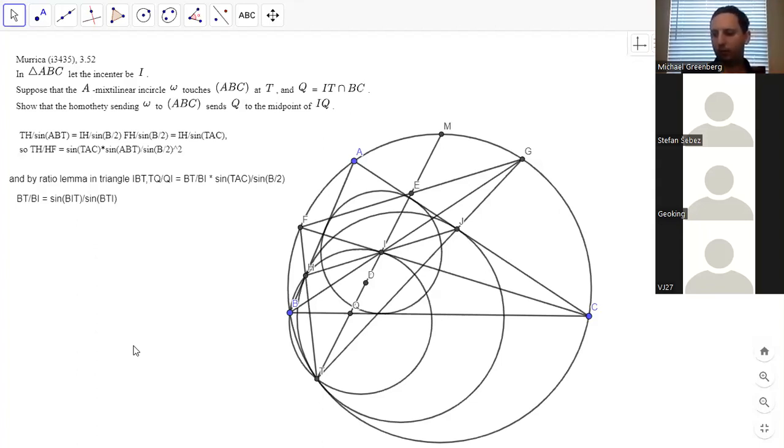All right, we are almost out of time. Oh, so it suffices to show, actually I can go 5 minutes more just because we started a little bit later. So it suffices to show that 2 times BT over BI is equal to sine, yeah, okay.